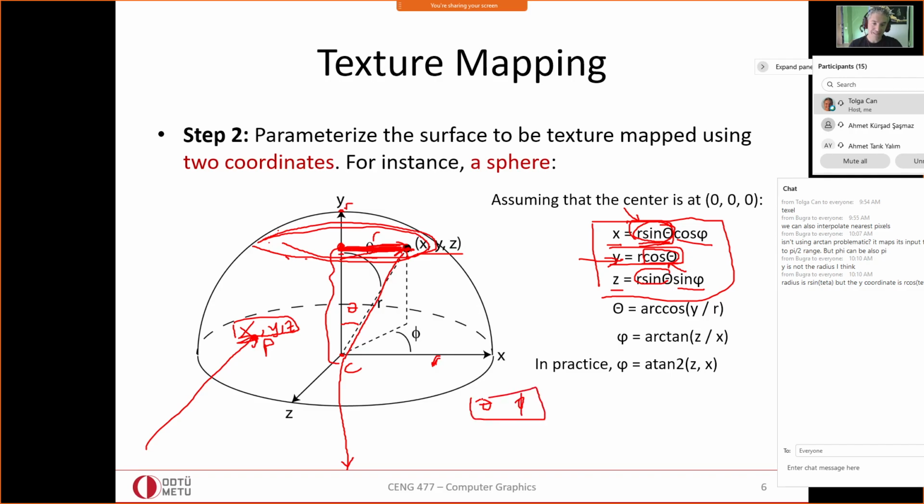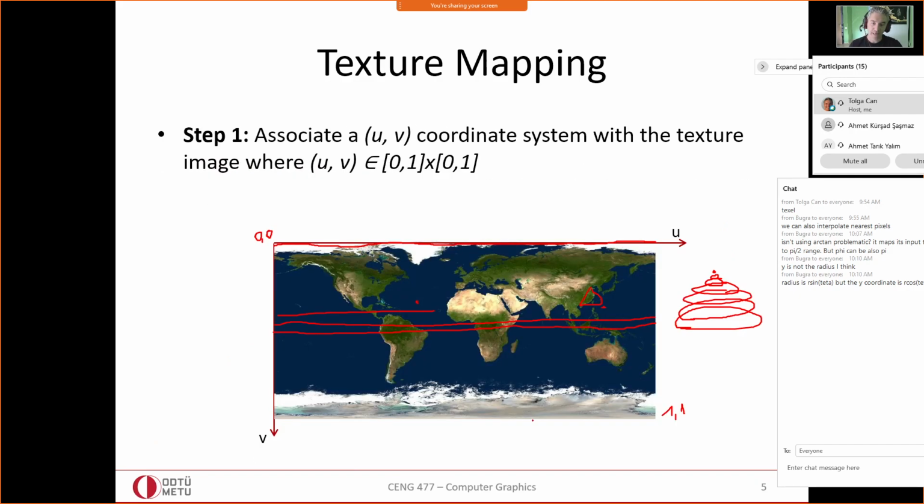Because by using these two angles, we will provide a mapping from these two angles to the UV texture coordinates. That's our goal, because these are the two parameters that we will be using. So here, if you look at this picture again, for example, if theta becomes equal to 90 degrees, we need to get this texture coordinate.